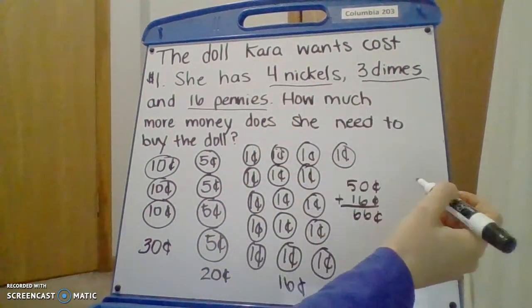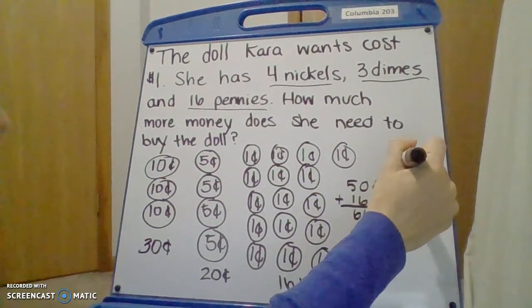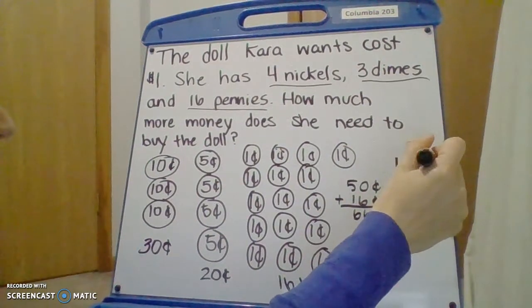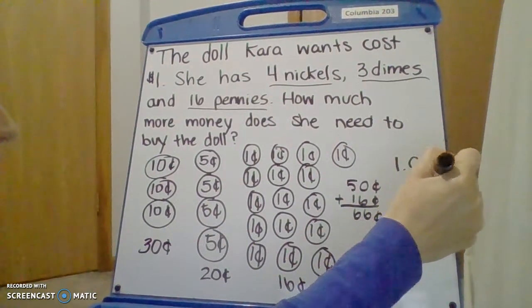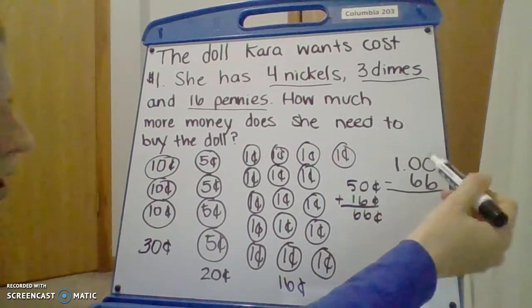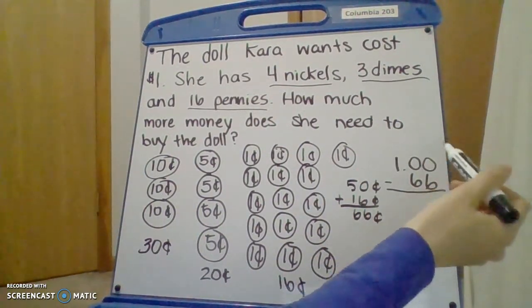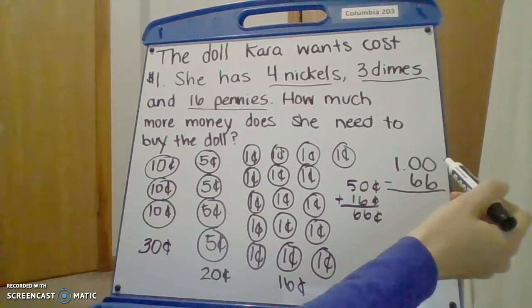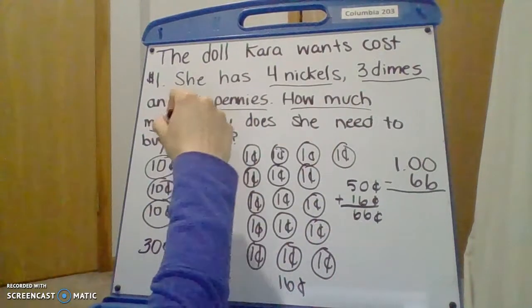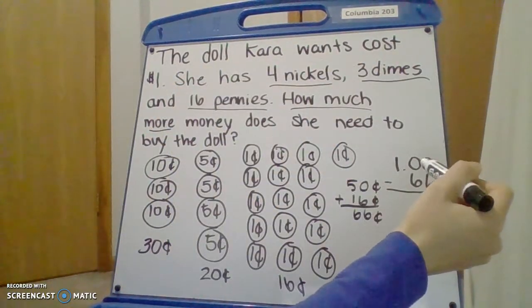The doll she wants is $1. So this is when we draw this again. We have to figure out how much money she needs. So we have to subtract to find the difference of how much more she needs to save up in order to buy the doll. Remember that how much more, it's going to tell you to subtract.